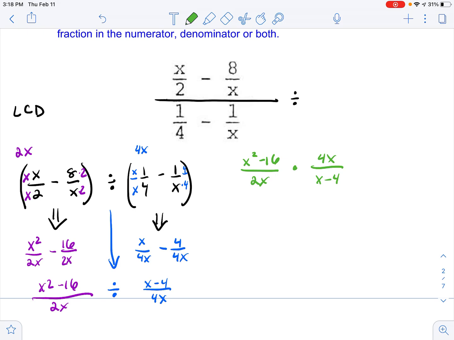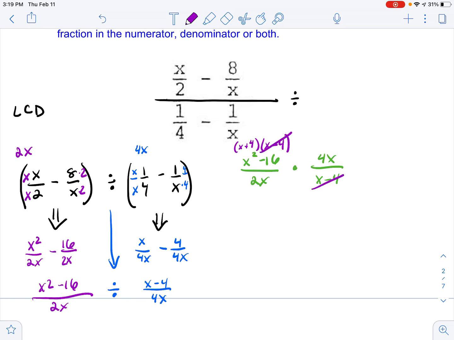All right. Now, when we're working with multiplication, hopefully we also remember that we have to make sure everything is in its factored form. So if we look at x squared minus 16, we know we can factor that as the difference of two perfect squares to x plus 4, x minus 4. And then from this factored form, we can do any cross-canceling that we may have.